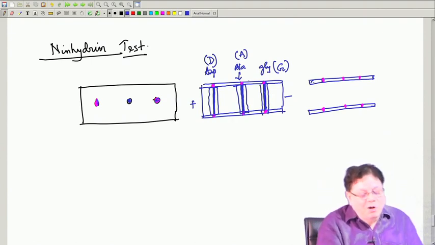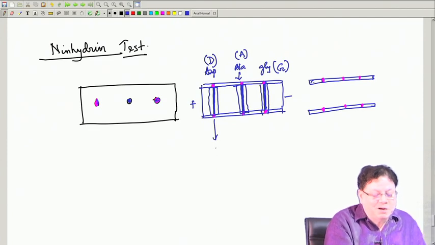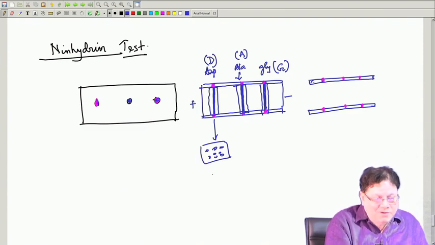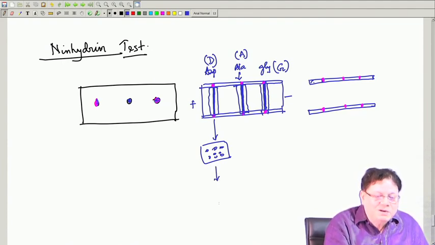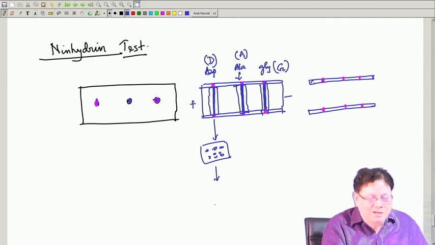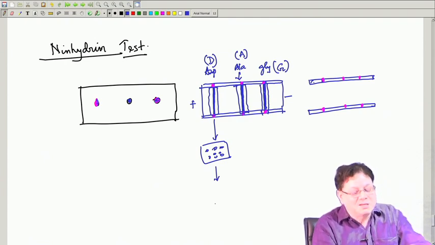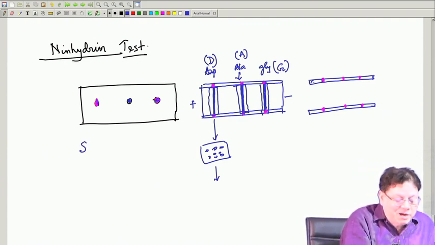Now, it is very easy, you take this piece of paper, cut it into small pieces and put it in a flask, add water. These amino acids are mostly soluble in water, and then filter, and if you evaporate the filtrate, you get the amino acid. So, this is how the separation by paper electrophoresis is done.